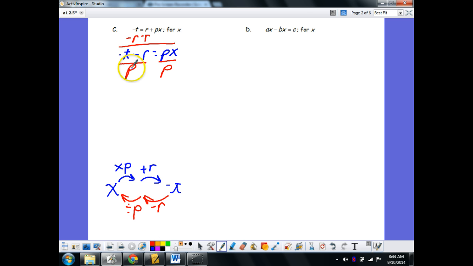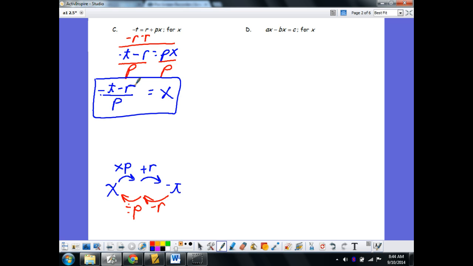Nothing really cancels there, so we can write that entire expression over p. That is our resulting equation, negative t minus r all over p.